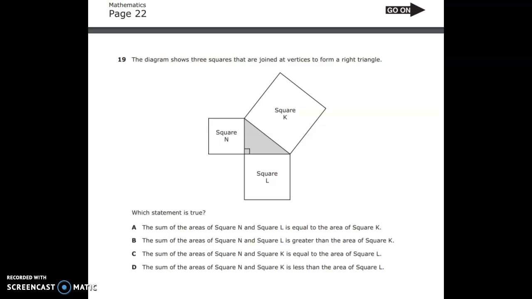Number 19. The diagram shows three squares that are joined at vertices to form a right triangle. Square N, square K, square L. Which statement is true?